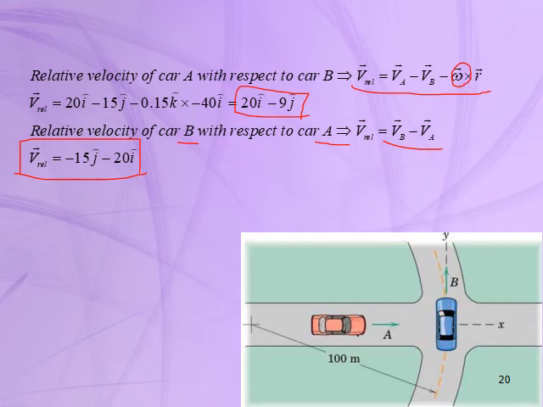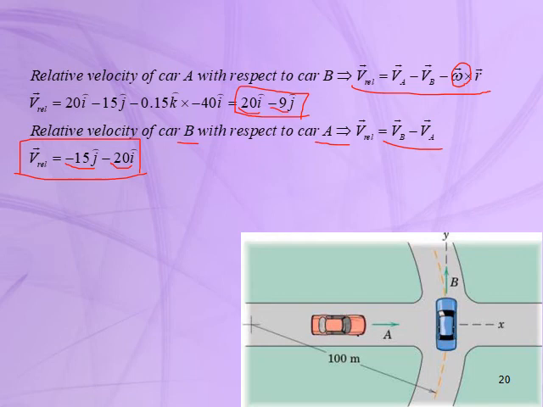In other words, when you are in car A, you can see that car B is coming to your side with the velocity of 20 meters per second. But when you are sitting in car B, again you will see that car A is coming to you with the same velocity. But the velocity in the Y direction is totally different.